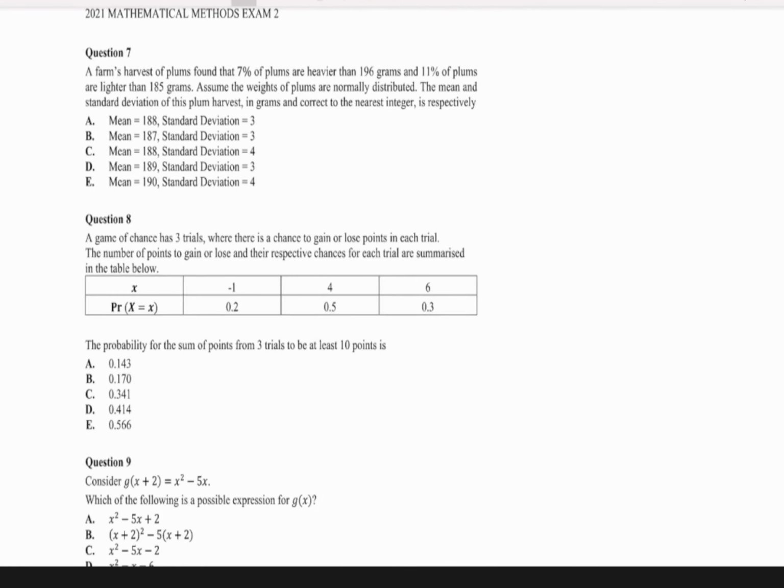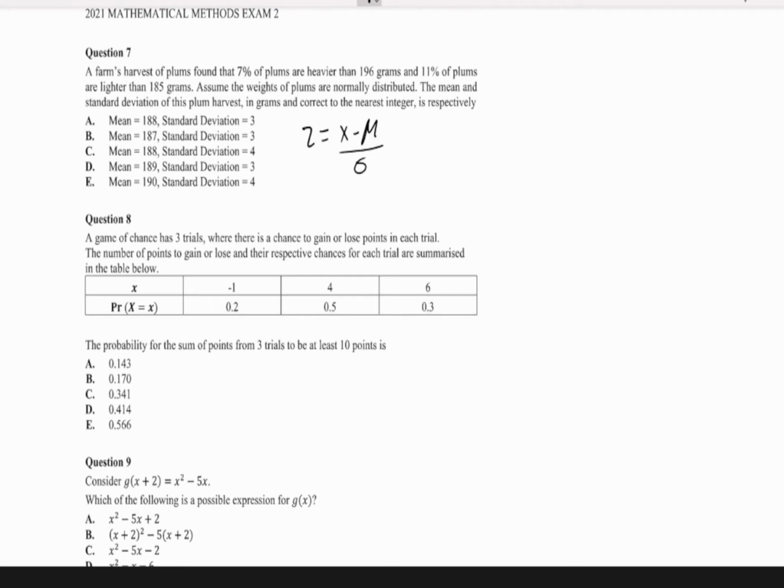This question, I noticed that you can use z equals (x minus mu) over sigma, but first you have to get into that form.